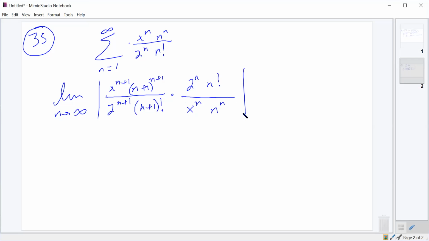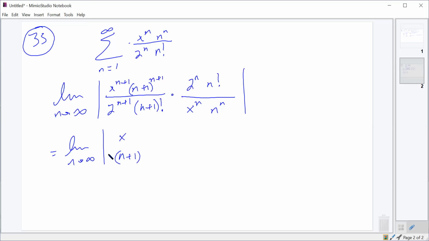So to start with, we will rewrite this. If I have n plus 1 factorial, that's the same as n plus 1 times n factorial. So I can just leave an n plus 1 in my denominator for that and cancel out the n factorials. x to the n plus 1 over x to the n should just be an x in the numerator.